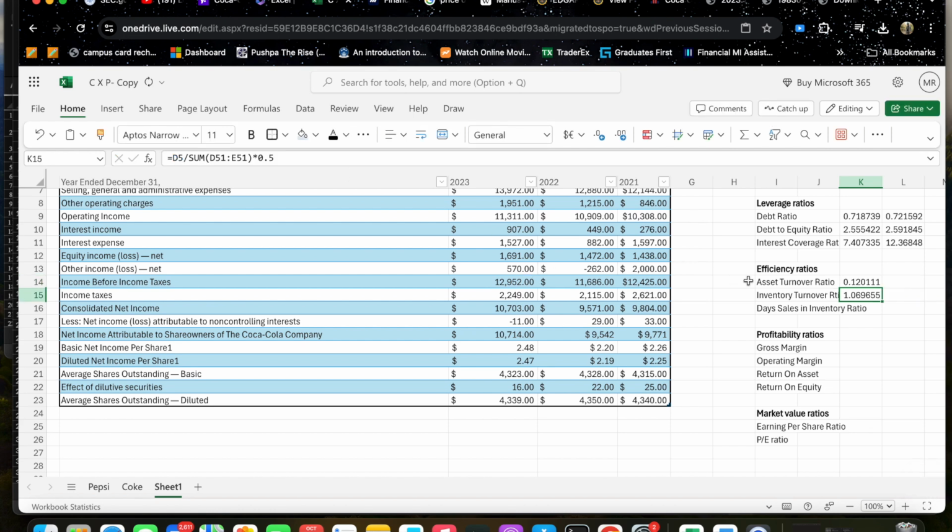So it should be 0.5 here for the asset turnover ratio. So days inventory sale should be 365 divided by the inventory turnover ratio. So here you go, so 341 days inventory in hand.